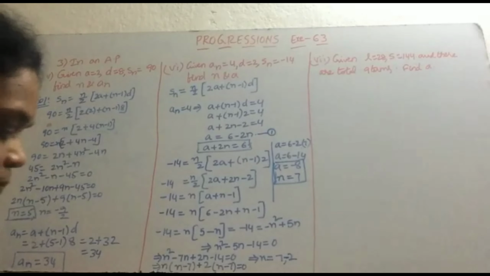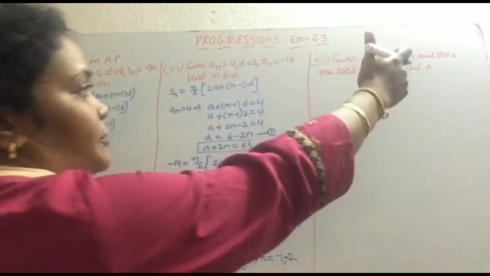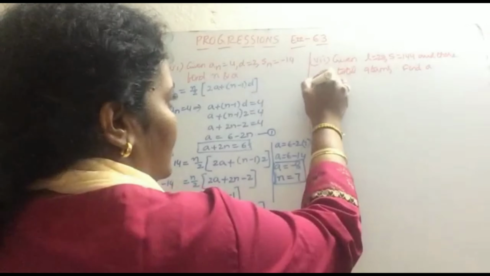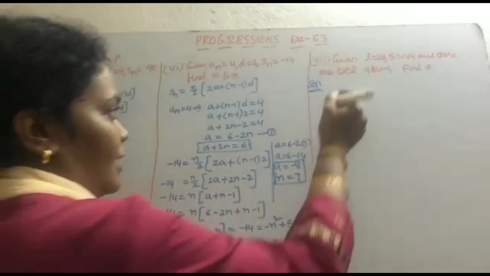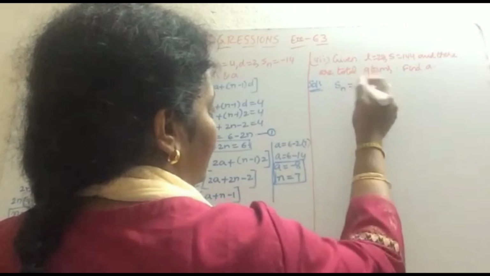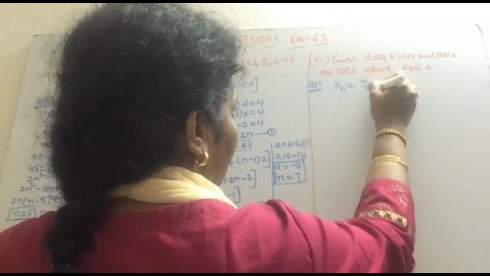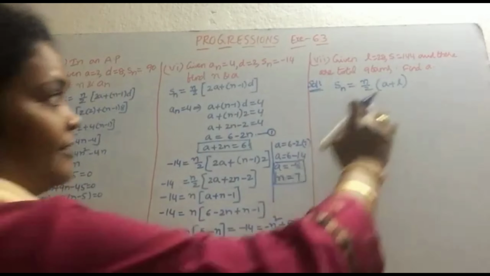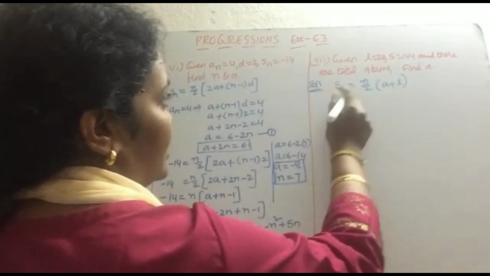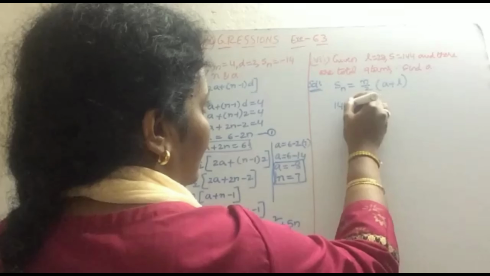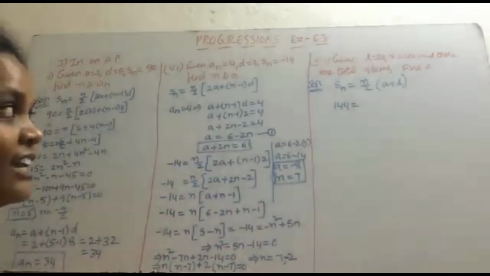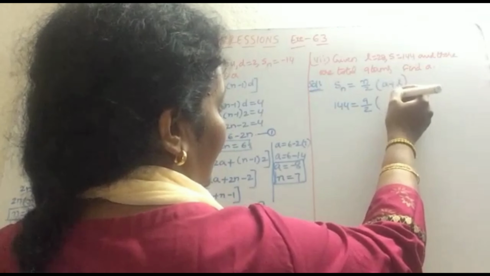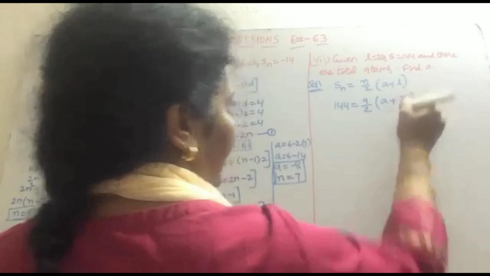And next one: given L equal to 28, S equal to 144, and there are total 9 terms. So we know that Sn is equal to n by 2 into (a plus L). So we will find the value of a. Sn is 144 and they gave the total number of terms are 9. So 144 is equal to 9 by 2 into (a plus 28).